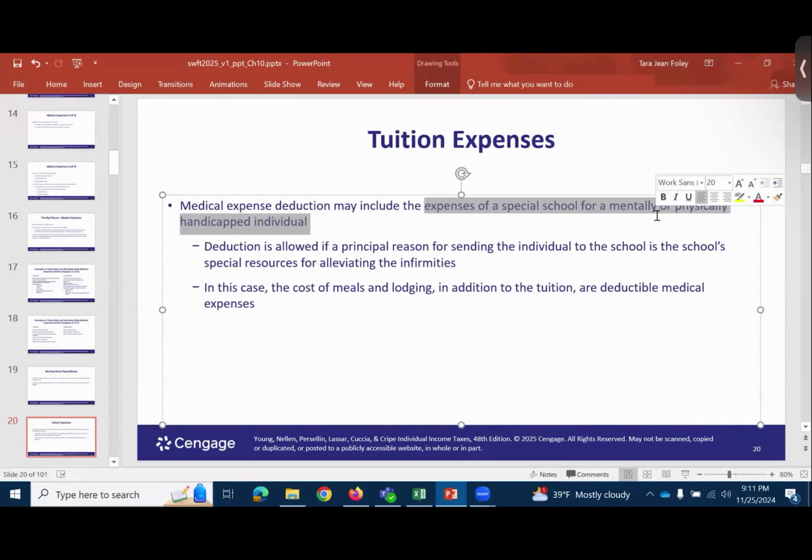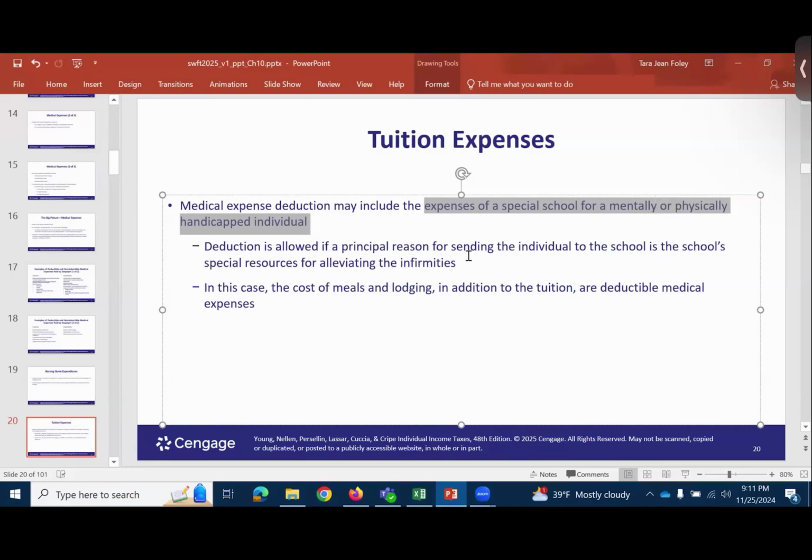So she finally had to put the young man into a special school because he was constantly injuring her. He didn't mean to, he just didn't know what he was doing. So those are medical expenses for that tuition of going to that school because they were able to manage his medicine while he was there.